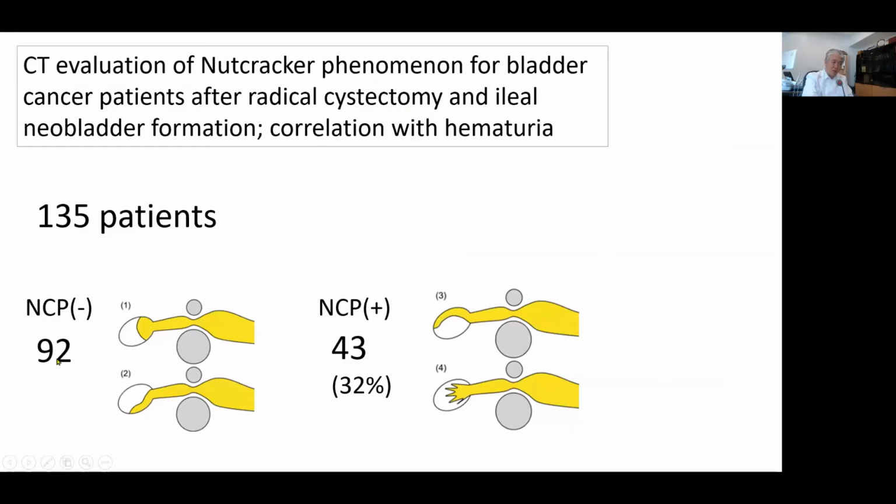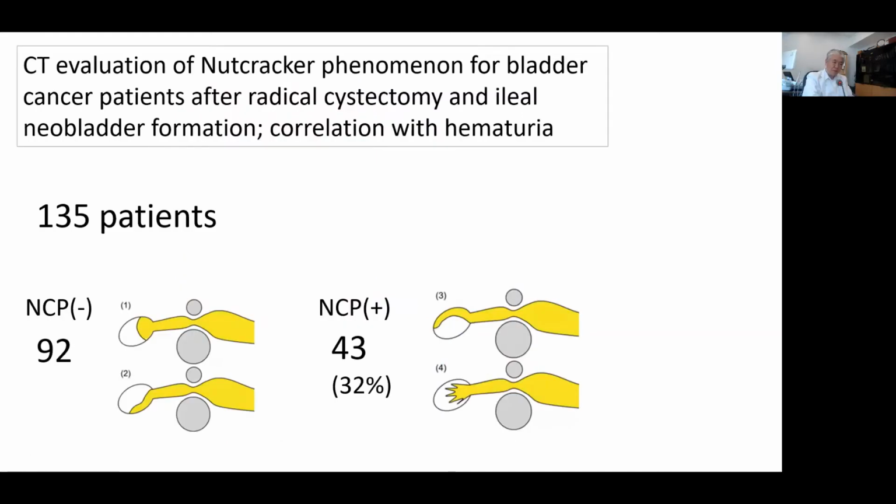There were negative CT findings for Nutcracker, like a plug flow pattern or flow of contrast opacified blood along the dependent posterior margin, in 92 patients, while there were positive CT findings for Nutcracker, like contrast opacified flow along the anterior margin or jetting, in 43 patients, in 32%.